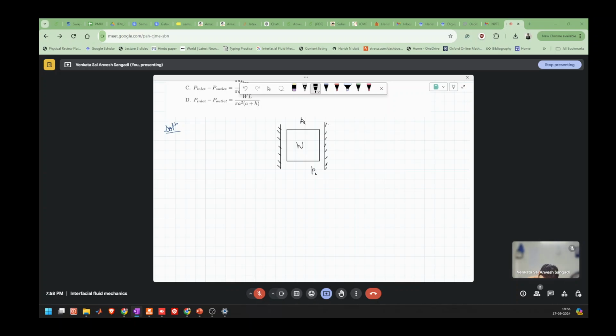Let's say we are looking at a region very close to the wall, so the diagram will be like this.